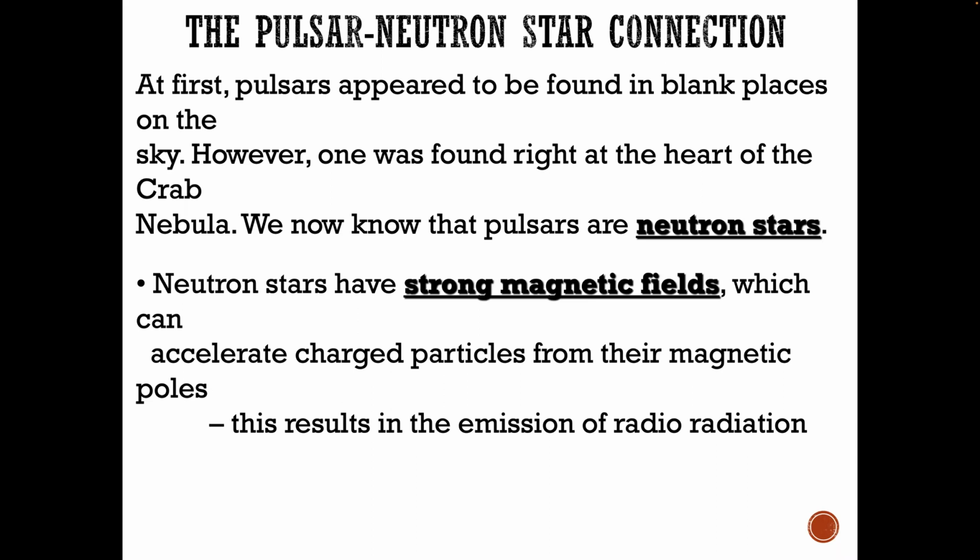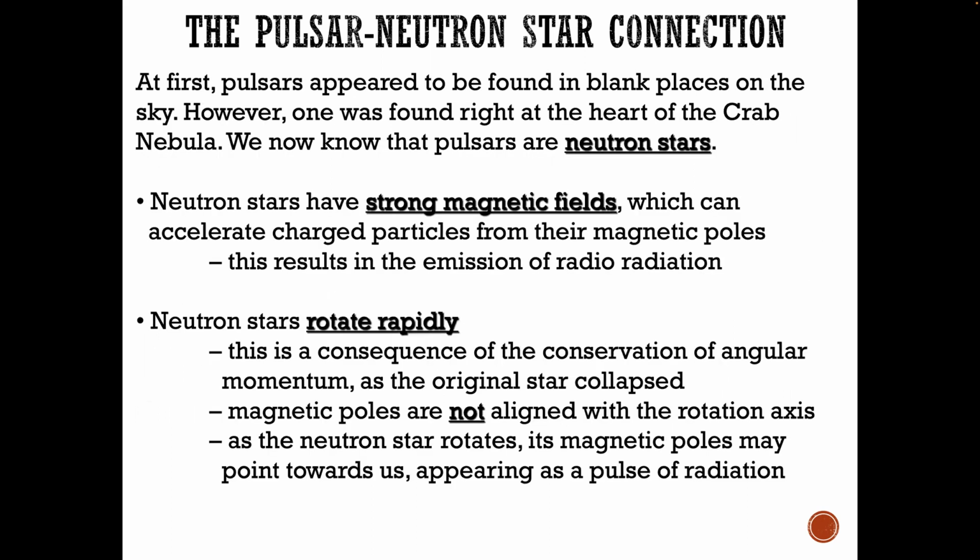And neutron stars actually have a strong magnetic field, which is capable of accelerating charged particles. As a result of that, there should be an emission of radiation, and that emission is what we are seeing as a pulsar, right?